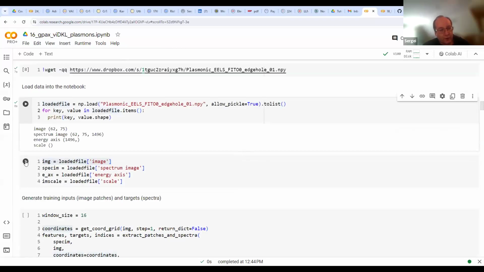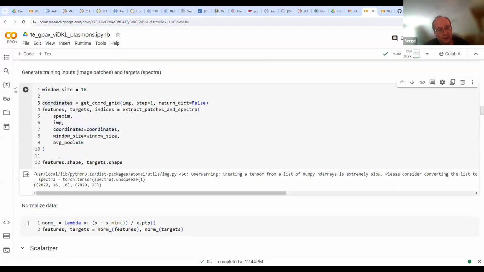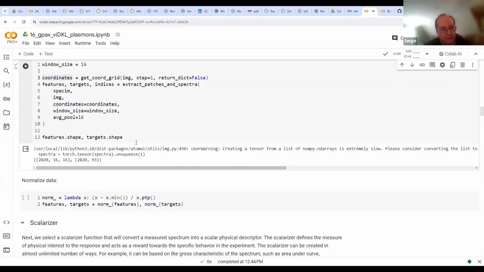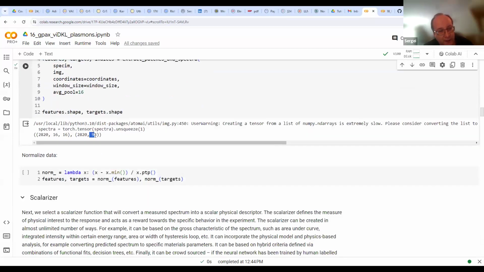I can show you how it looks. The output tells you the shape of the features and the shape of the targets. 2800 is the number of patches and spectra, and 16 by 16 is the size of the patch. So this is where this came from.